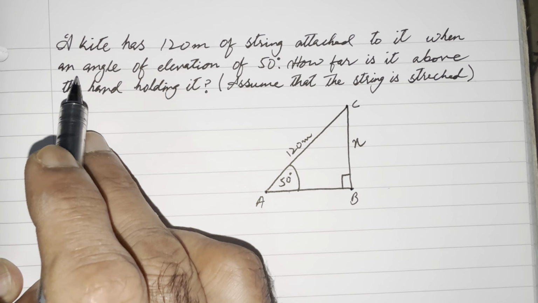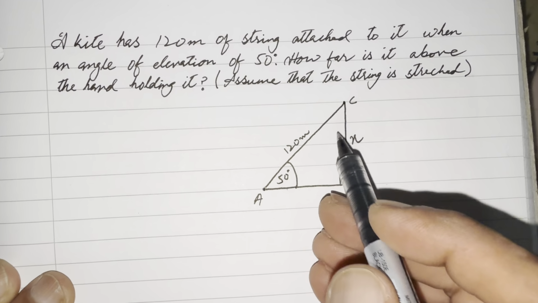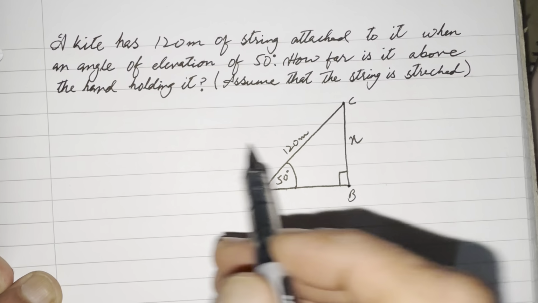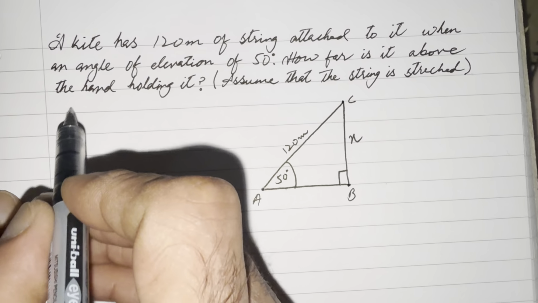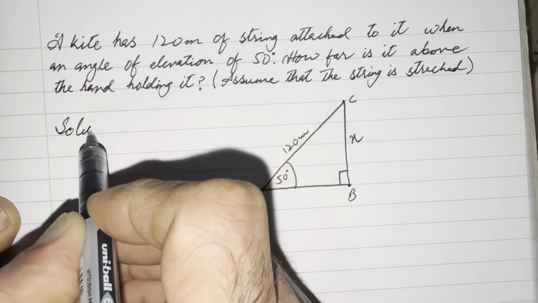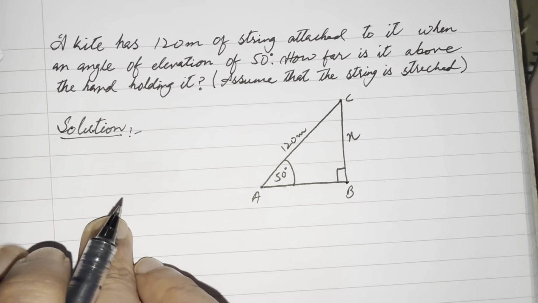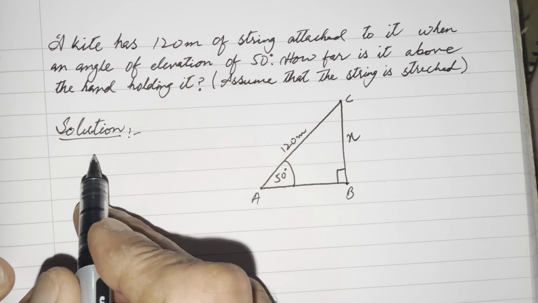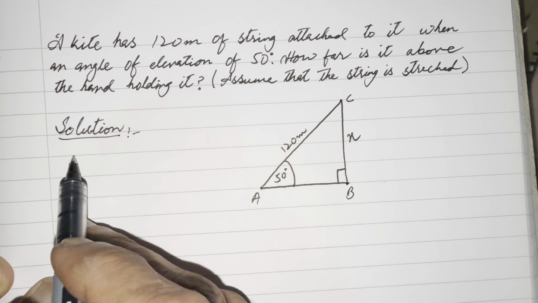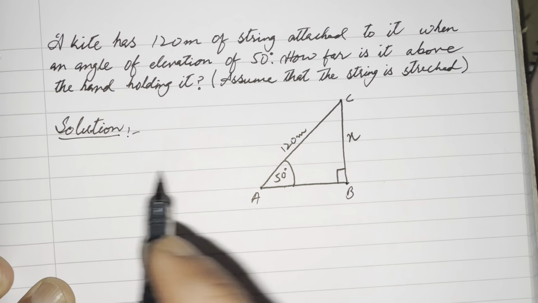As the figure shows, we can write down some information from this figure. So the solution will be: first of all, we have to write down the information that is given in the picture or in the statement, and with the help of the statement we have drawn the picture.